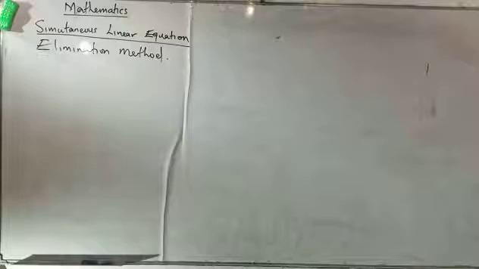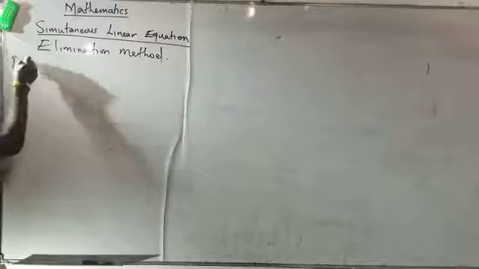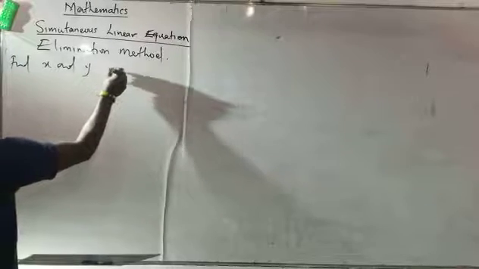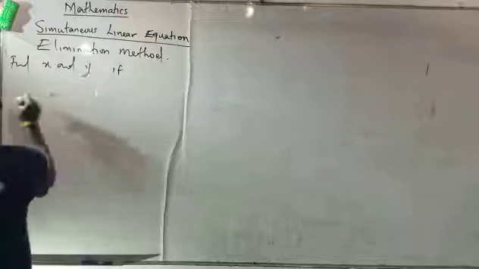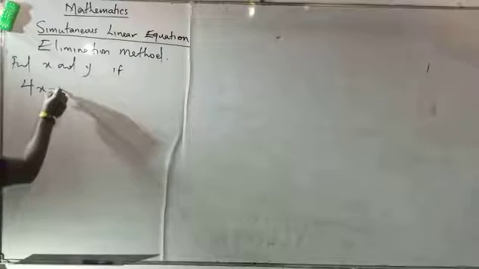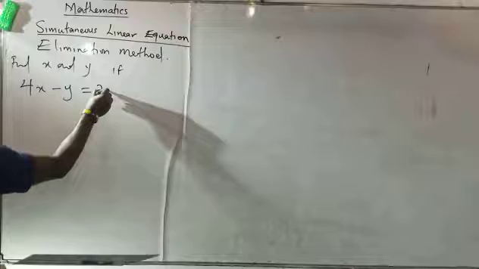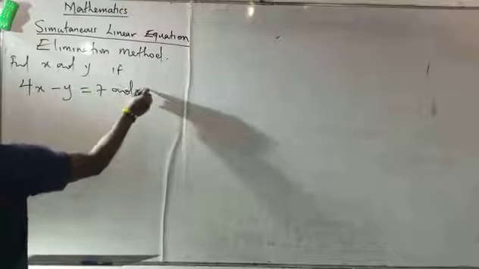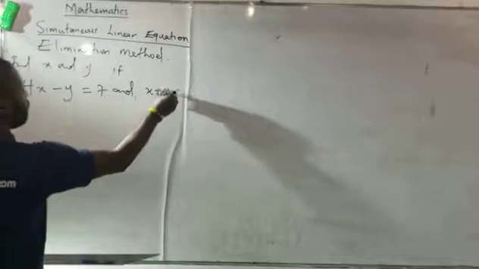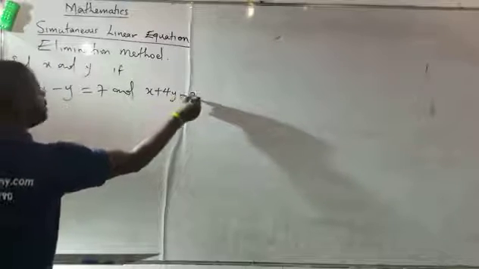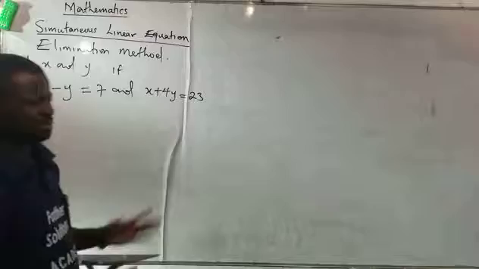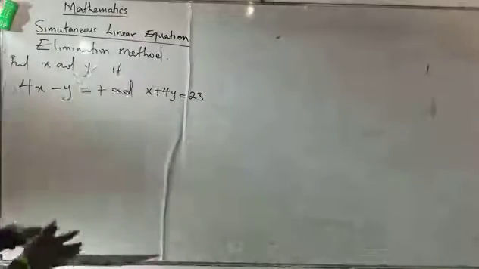Now, I have a question here. Find x and y if 4x minus y equals 7 and x plus 4y equals 23. I want to use this particular question to explain the elimination method, and by God's grace, just open your mind, you will understand it.